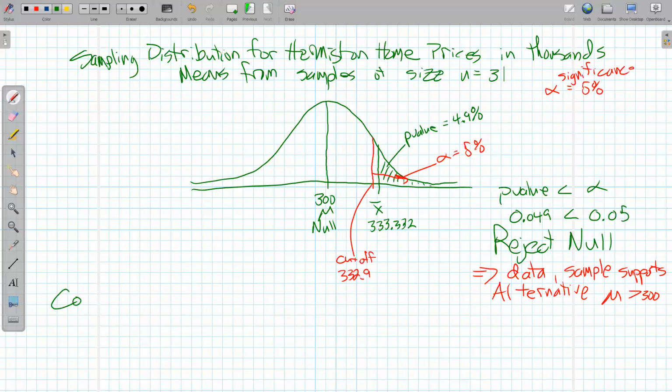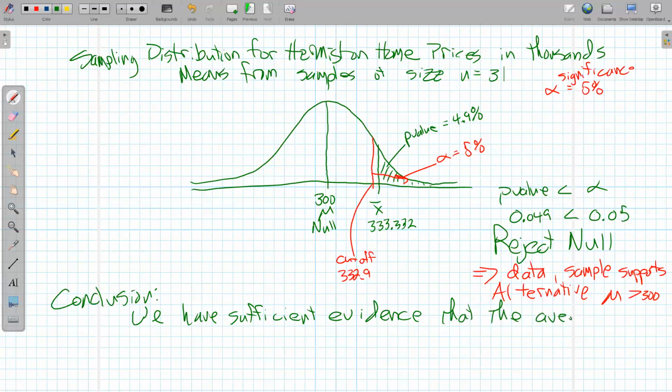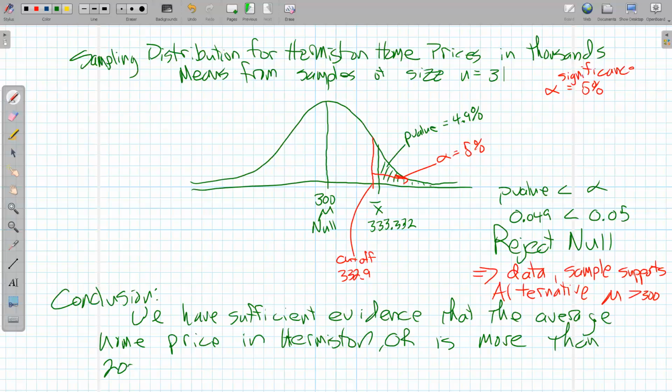So something like, just for conclusion, we have sufficient evidence that the average home price in Hermiston, Oregon, in case some people aren't familiar with that, is greater than 300,000.